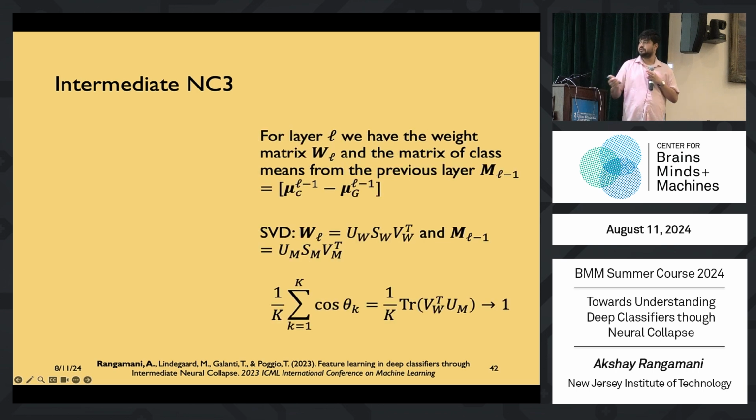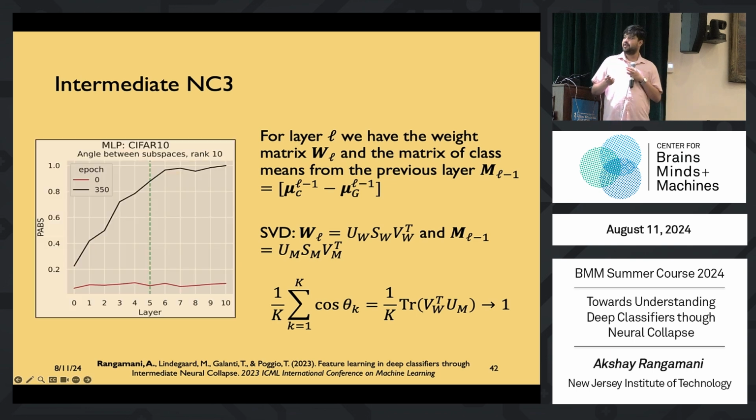So you look at the correlation between V and W for feature-weight duality, and once again you see that beyond the point where your within-class and between-class covariance switch their contributions, your features and weights are much more aligned. Now this is at initialization, and this is at the end of training.